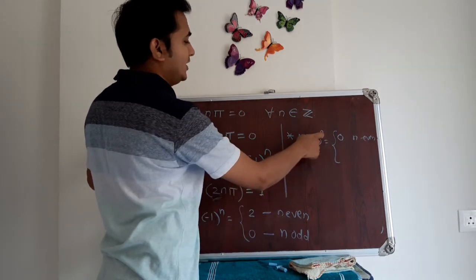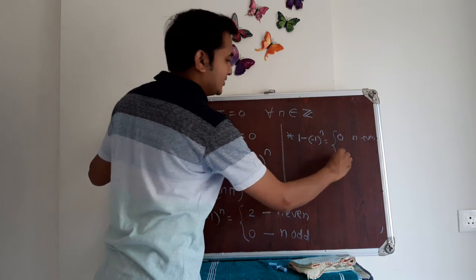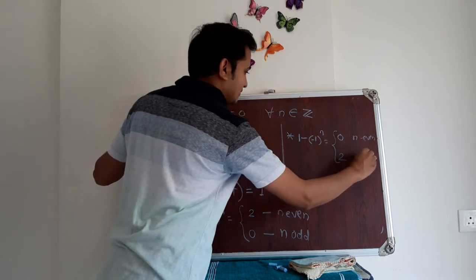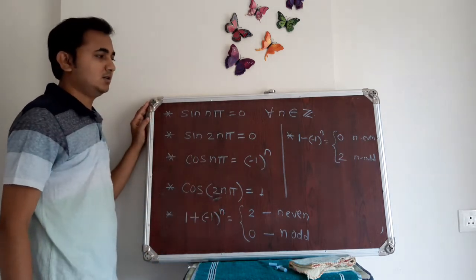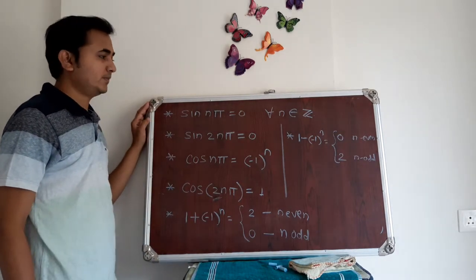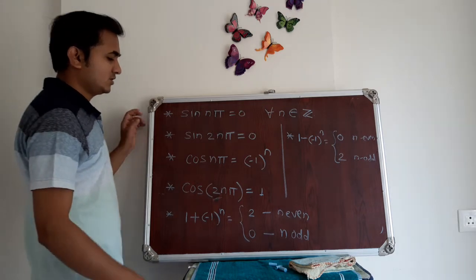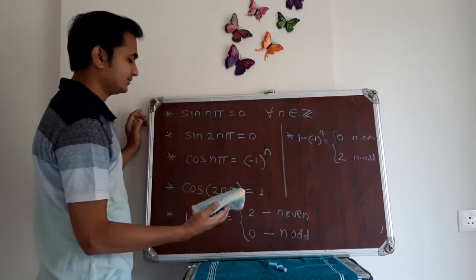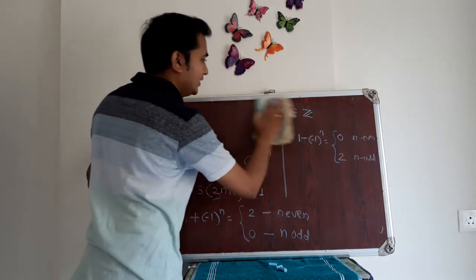And if n is odd, this becomes minus 1, so minus minus is plus, so for n odd it is 2. Okay, with these preliminaries, now we are ready to define Fourier series.